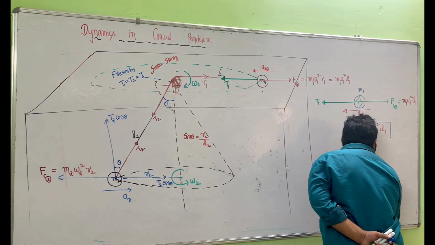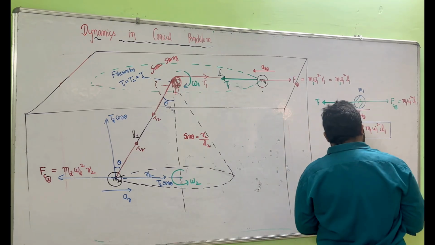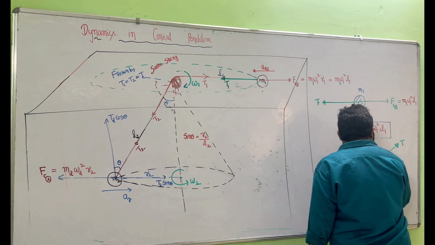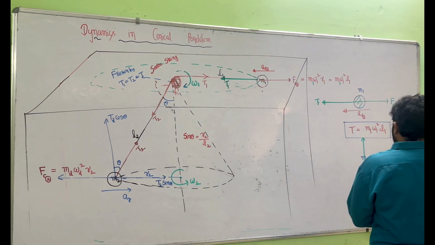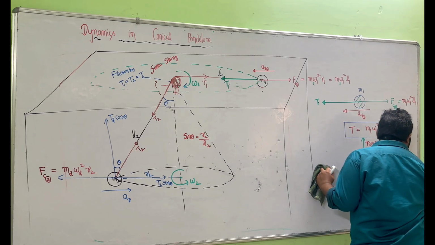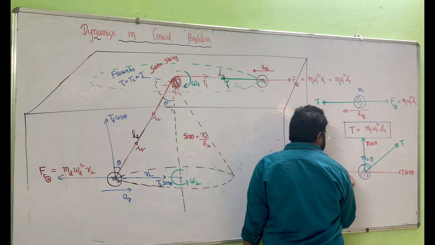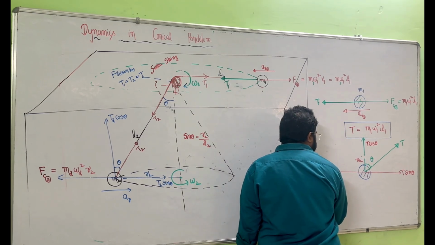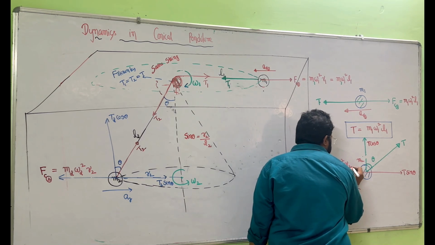So what is obtained for mass M2? Tension T, with components T cos theta and T sin theta. Along with that, this is mass M2, and FC2 is nothing but M2 omega 2 square R2.